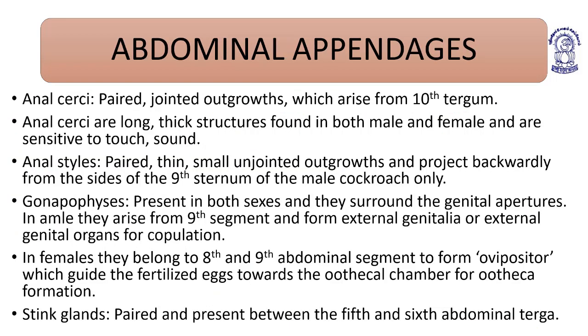Now coming to the next slide, abdominal appendages. These mainly consist of anal cerci, which are paired, jointed outgrowths that arise from the 10th tergum. Anal cerci are present in both males and females.